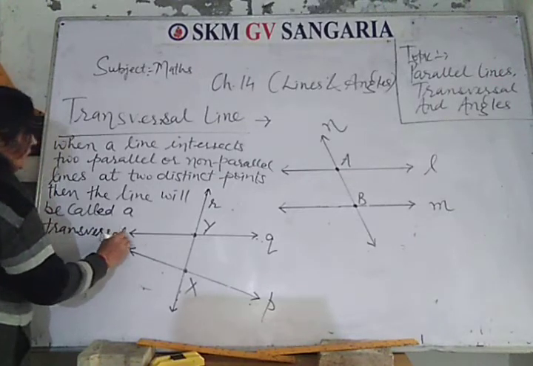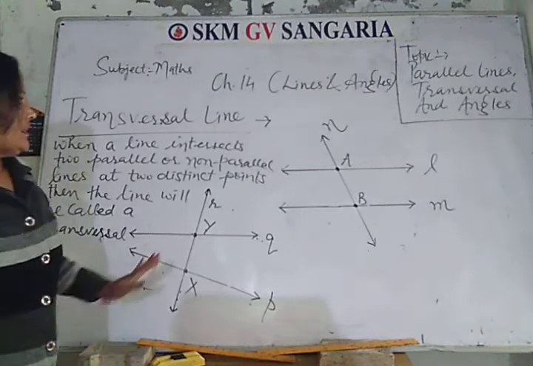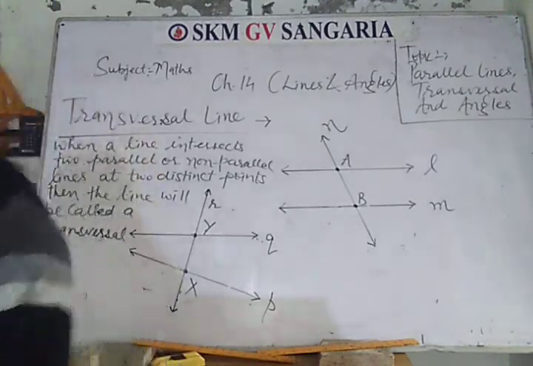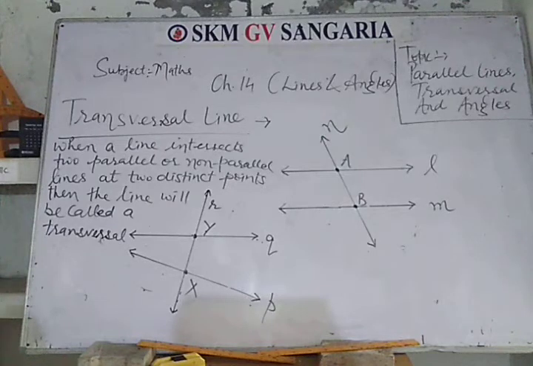This is about the transversal line. A transversal line is a line that intersects two or more lines. Lines may be parallel or not parallel.